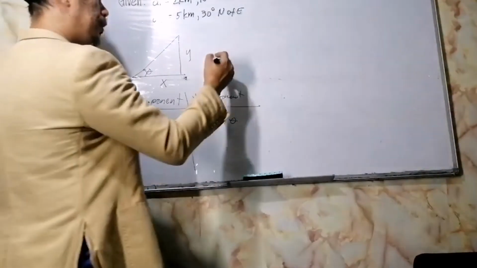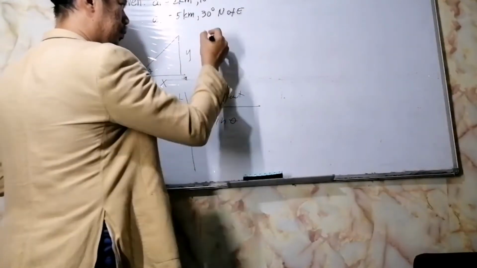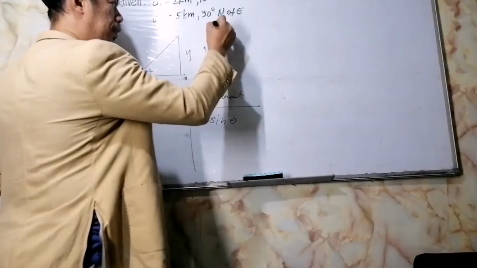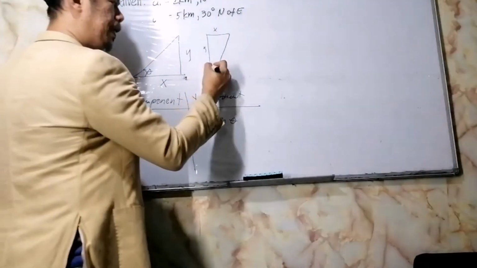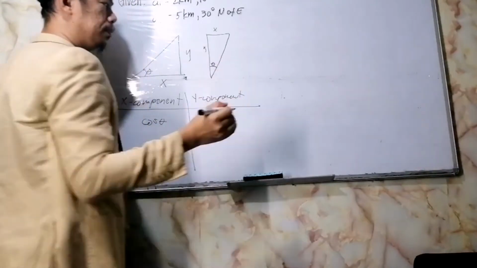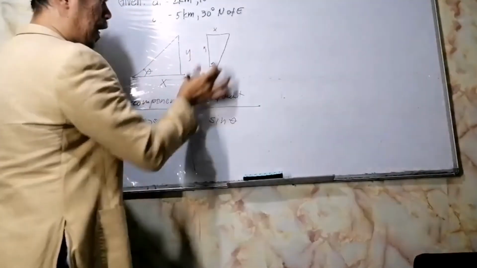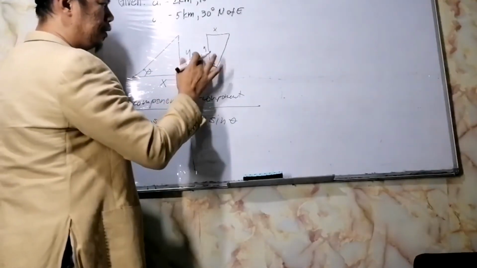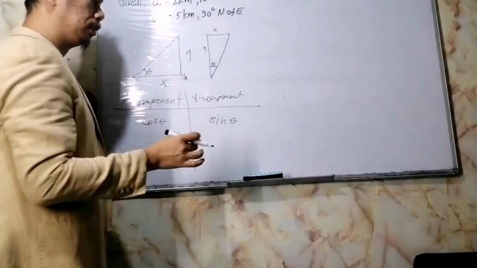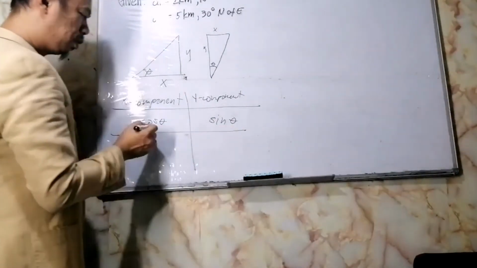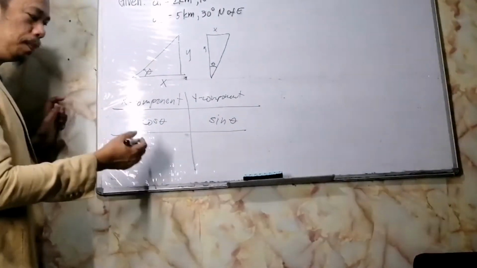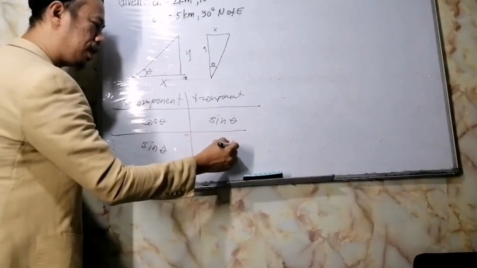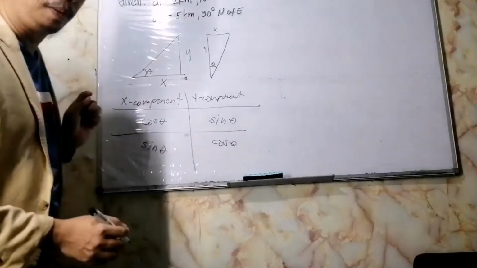However, if it is opposite, meaning this is the Y and this is the X, and the angle of inclination is here, not on the X-axis but located along the Y-axis, then you're not going to use cosine for the X component, but instead you're going to use sine theta. And then cosine theta on the Y-axis or Y component.